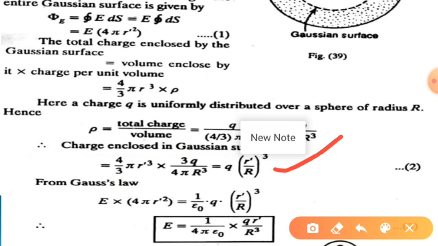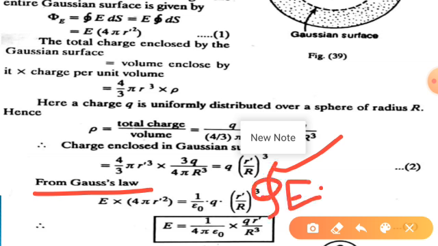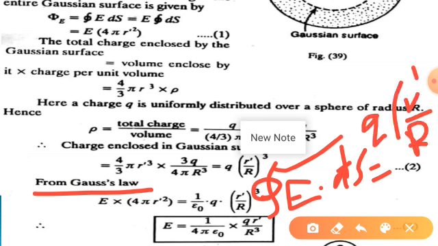So substitute this using Gauss law. The integral over a closed surface of E bar dot ds bar is equal to the charge enclosed by the Gaussian surface, which is q into r prime by R whole cubed by epsilon naught.